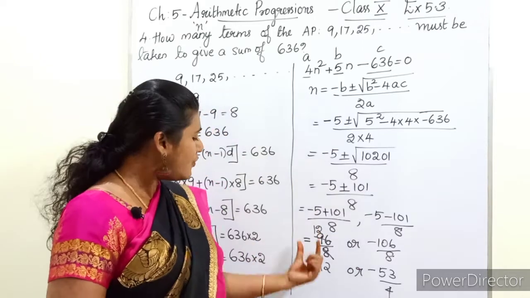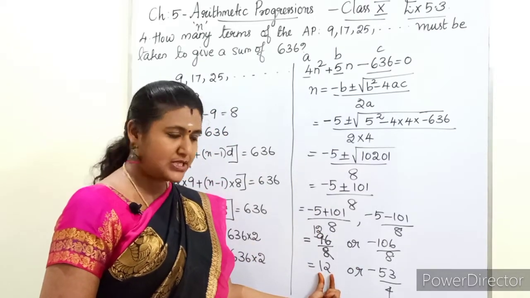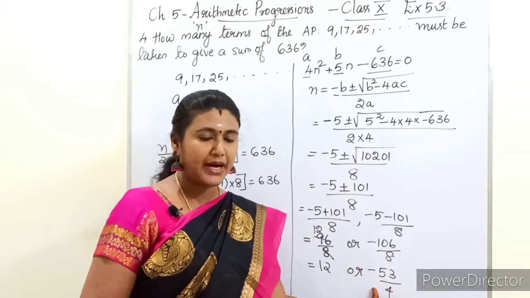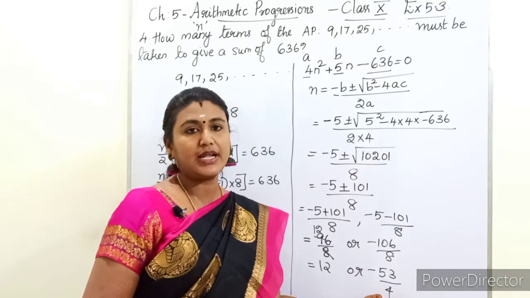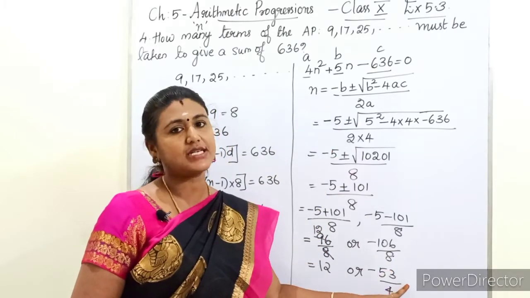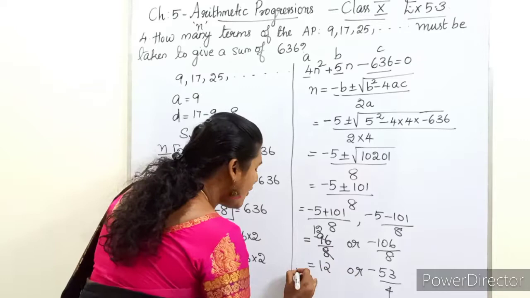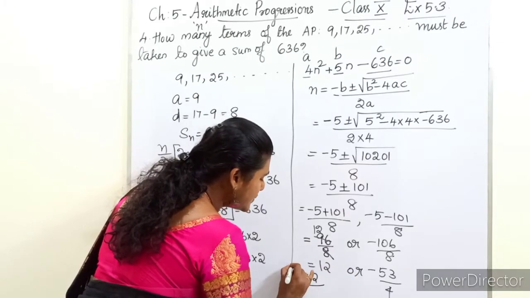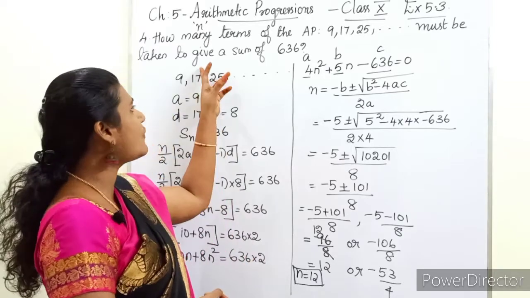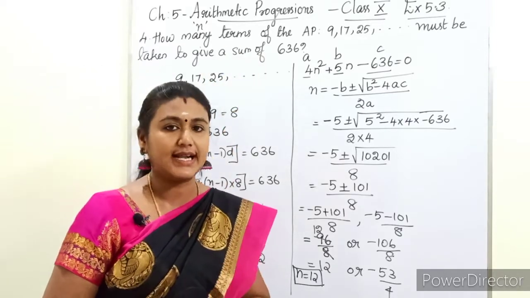So we got two values for n. One is positive 12 and another value is minus 53 by 4. This value we cannot take because n is the number of terms. It cannot be negative and it cannot be a fraction also. So the value of n is equal to 12. So there are 12 terms. S12 value is given as 636.